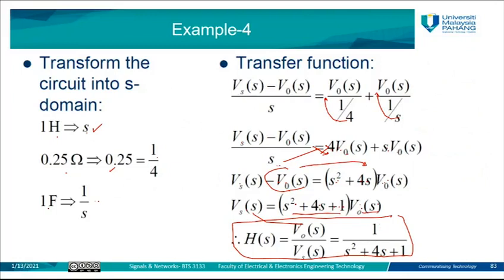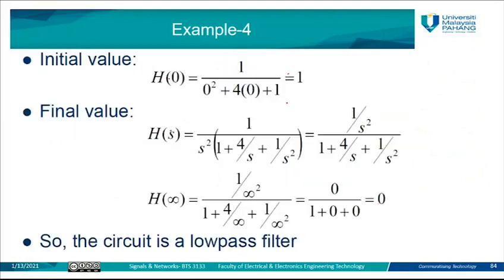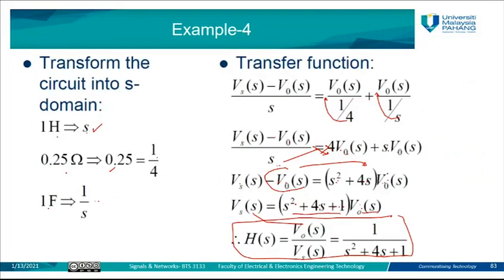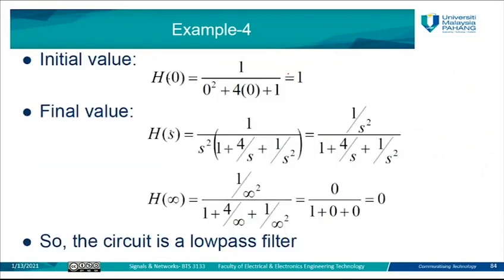So we divide by S squared: this becomes 1 over S squared, this becomes 4 over S, this becomes 1. That means we divided the denominator by S squared, so we also need to divide the numerator by S squared. So this is 1 over S squared over 1 plus 4 over S plus 1 over S squared.